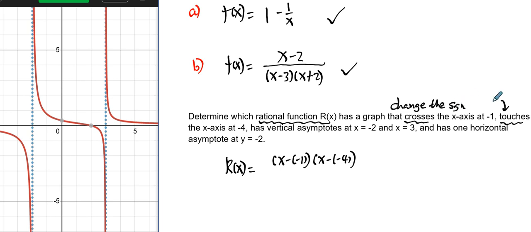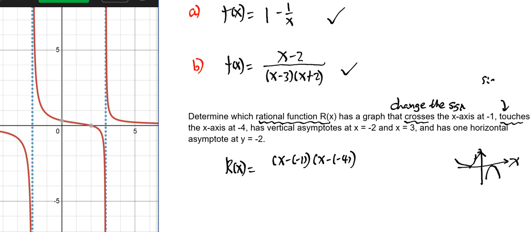Okay. And here is what touches means. If here is the x-axis, it goes either like that or something like that. You have no idea right now. But it touches. Okay, so it means what?